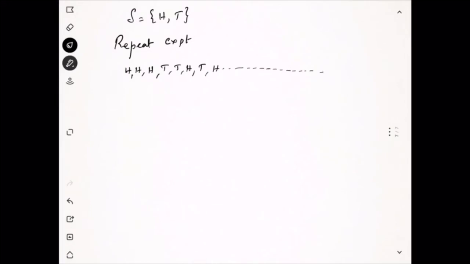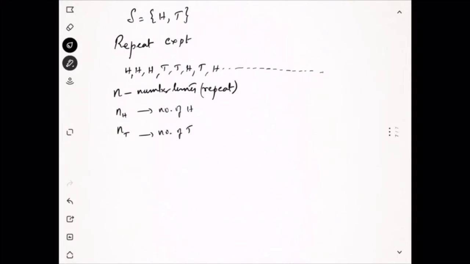You are repeating this experiment for n number of times. Suppose you got nh number of heads and nt number of tails. This is the number of heads and this is the number of tails.